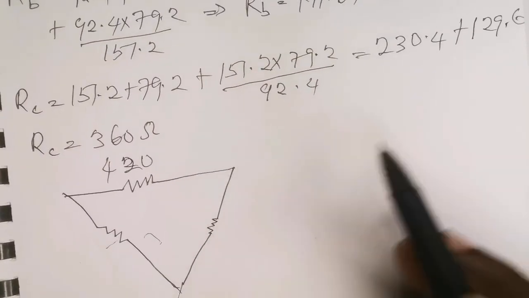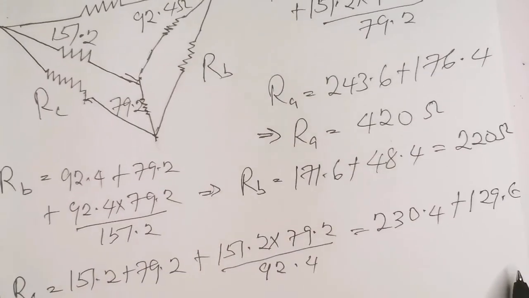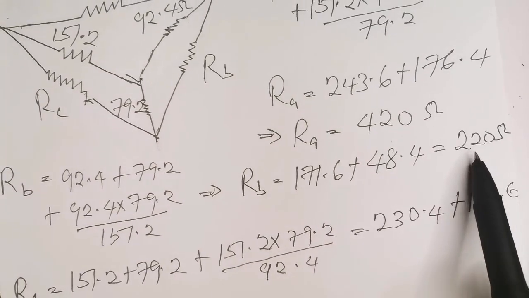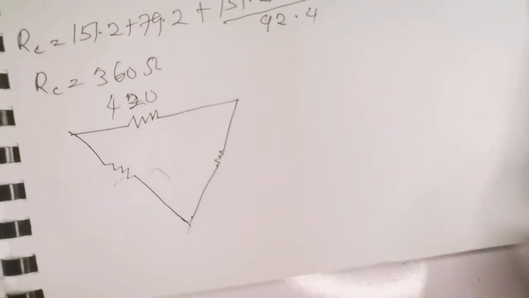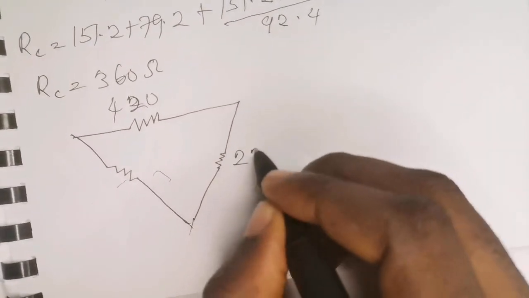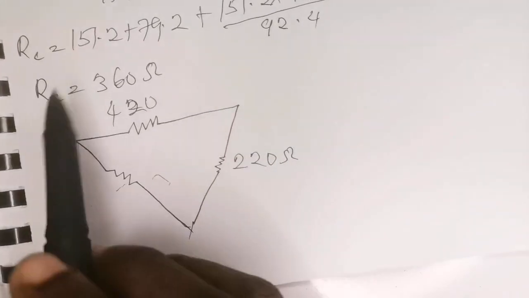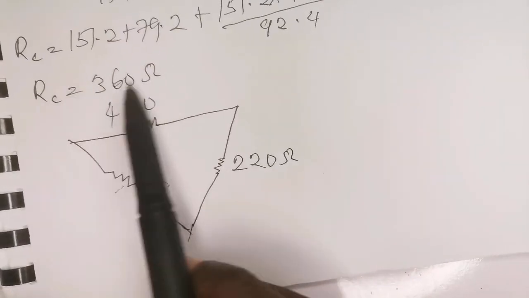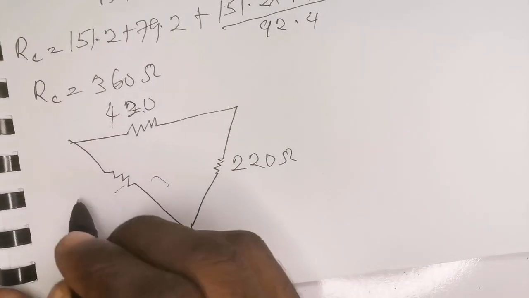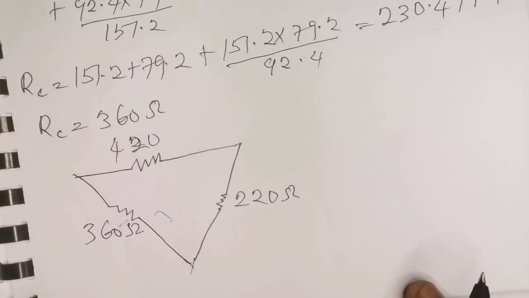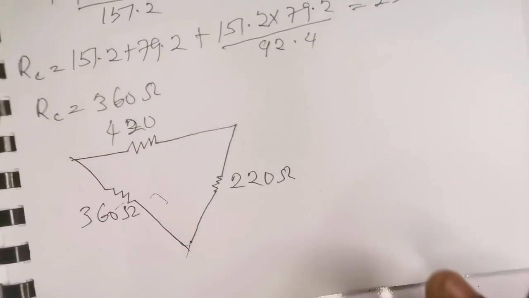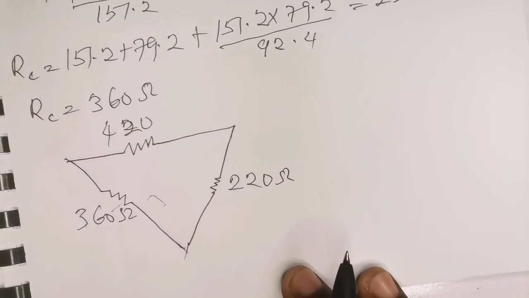We had RB as 220, as can be seen here. So this is our RB, 220 ohms, and we had RC as 360. So this is 360 ohms, and now this is the equivalent delta network which we solved initially from the given question.